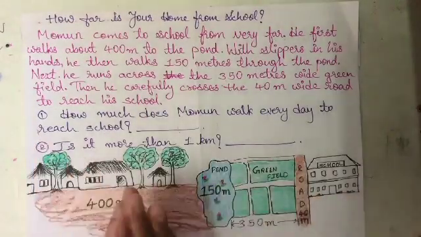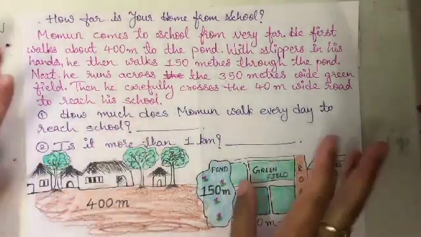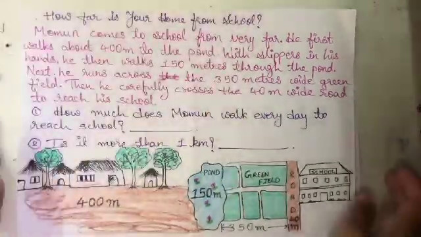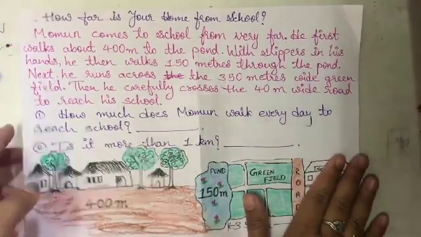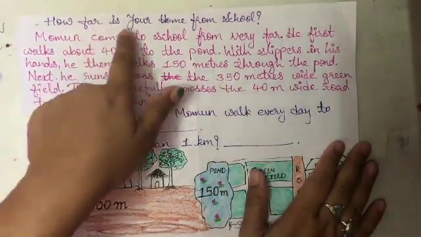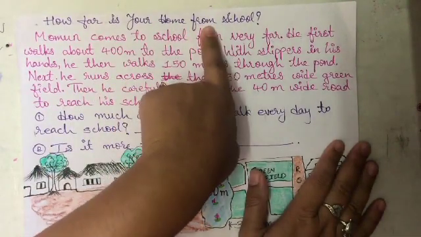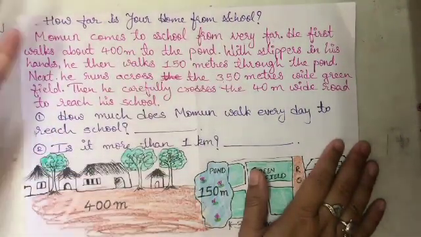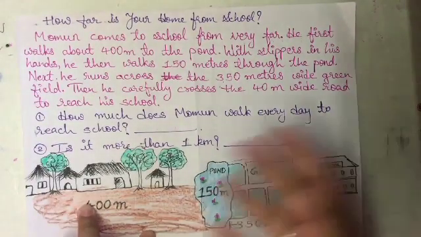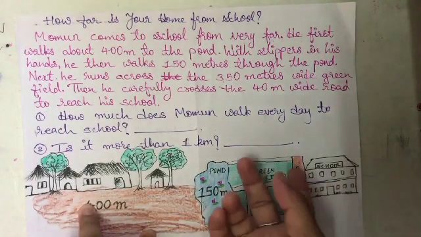can you see here a few drawings are there, and before that a few stories are written. To make it very easy for you to imagine, I have done the drawing from the textbook. Well, how far is your home from school? We are living in different villages, and then we are going to a different town or city for school.